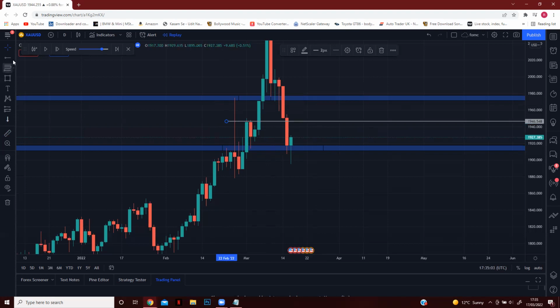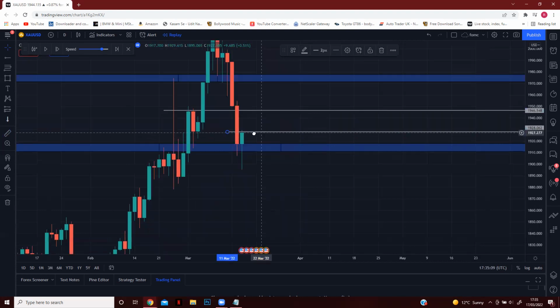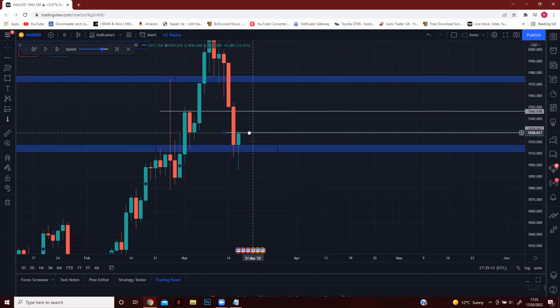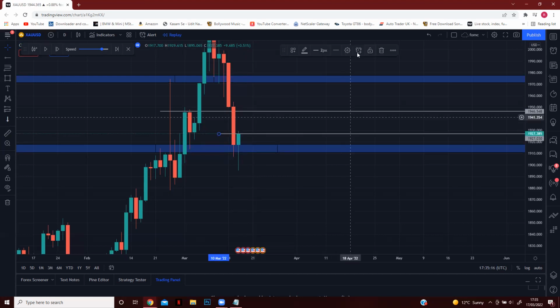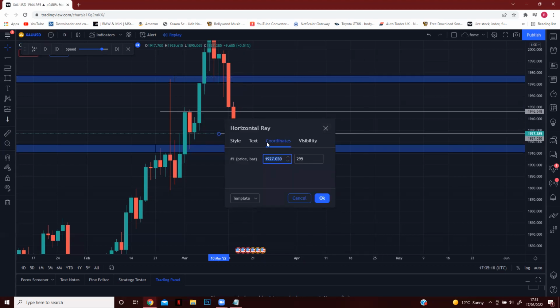And also I am going to place another line here, just here, because this would be the daily flip area. So the daily flip will let me know when the daily candle has flipped bearish or bullish. So I'm just going to write the flip here.